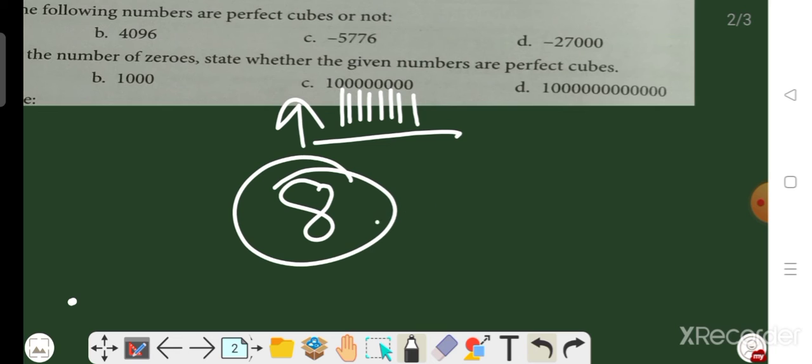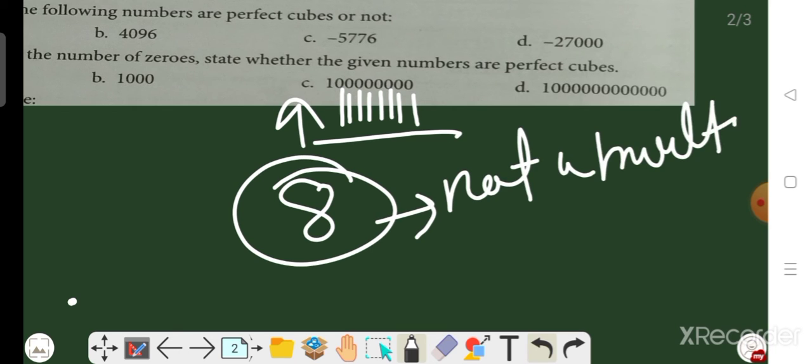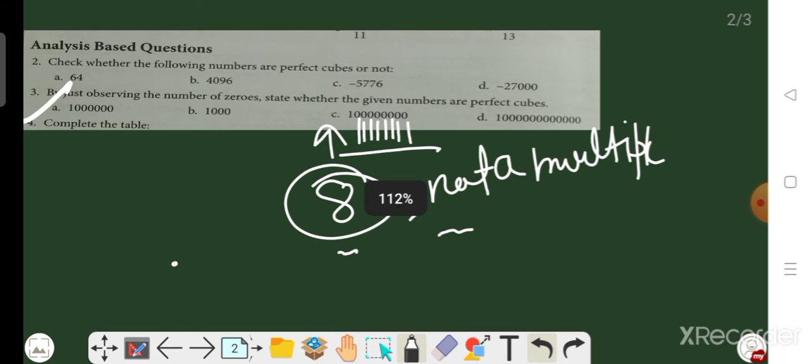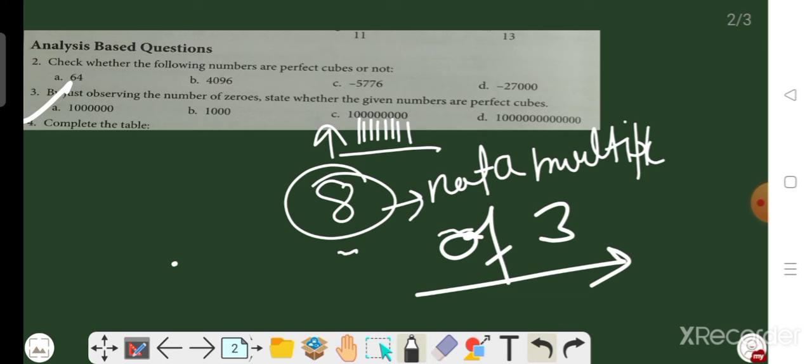And you know that 8 is not a multiple of 3. So this given number is not a perfect cube.